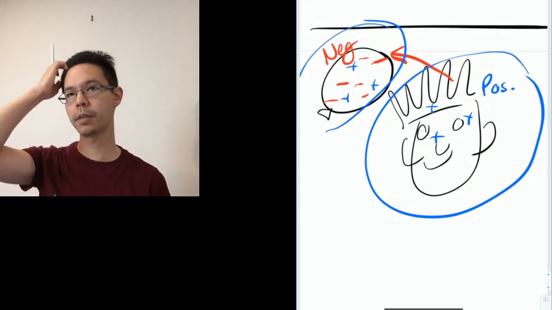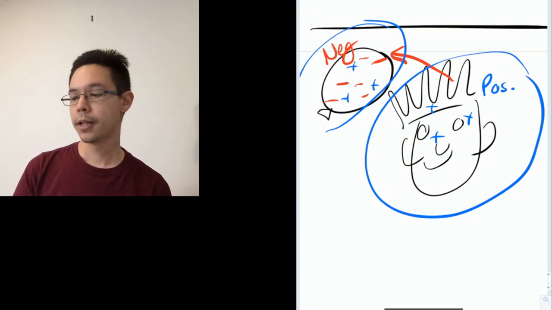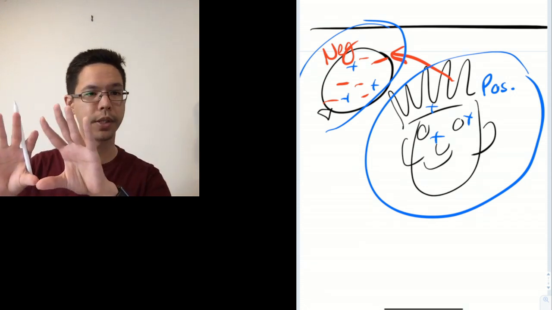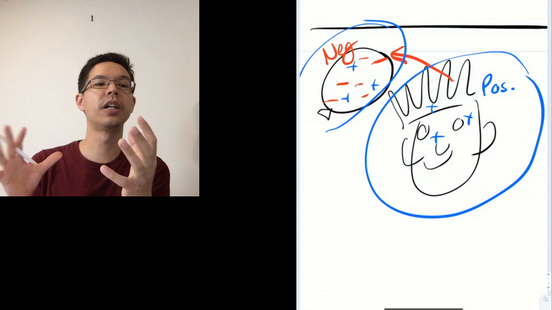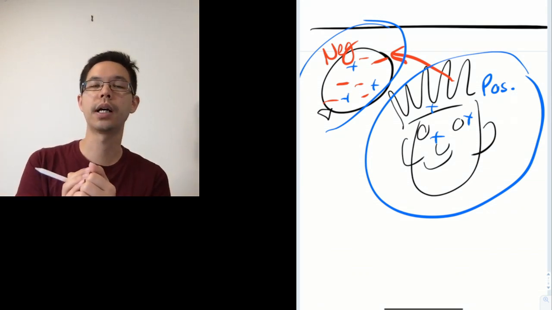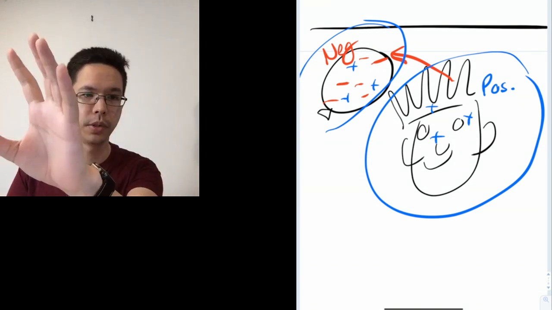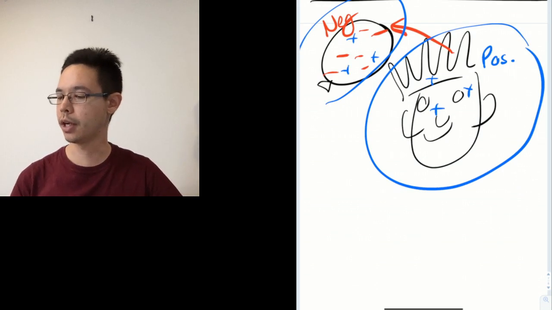We use the word static because static means stationary, all right? It means that they're not moving. So once you've done the rubbing process and you've moved them apart, that charge can't go anywhere, not unless you bring them together, or not unless you are able to bring the balloon to something else where it can then pass its extra electrons away gradually over time.